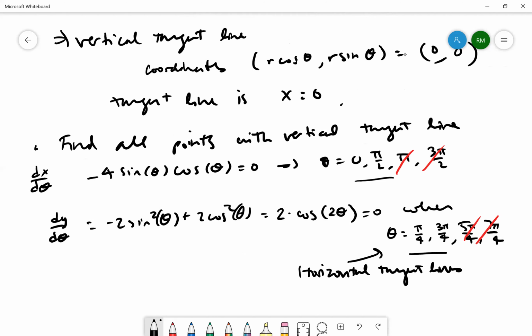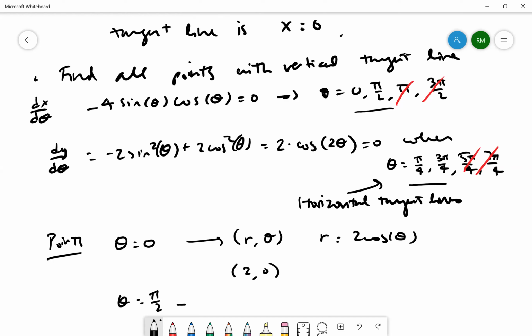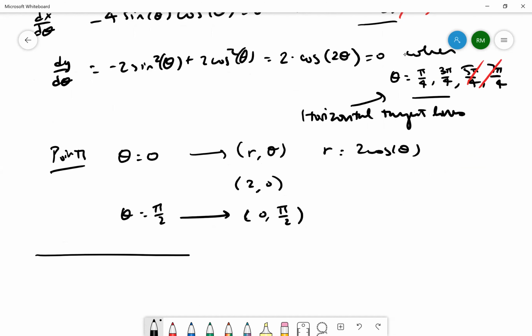And so now let's actually find the points. So the polar coordinates are r, theta, where r is 2 cosine theta. When theta is 0, this is giving us the coordinate 2, 0. When theta is pi over 2, this is giving us the coordinate 0, comma pi over 2. Those were the vertical tangent lines.